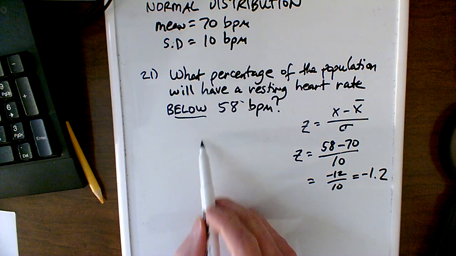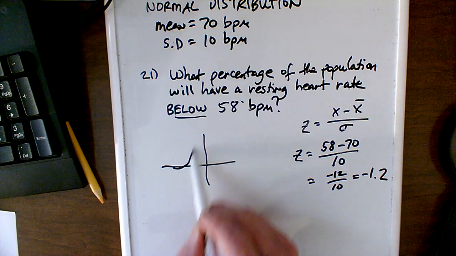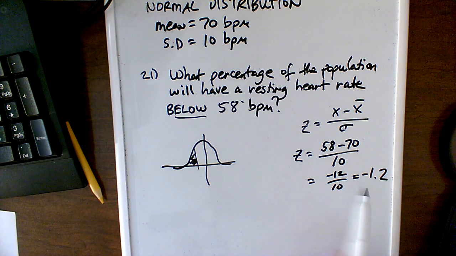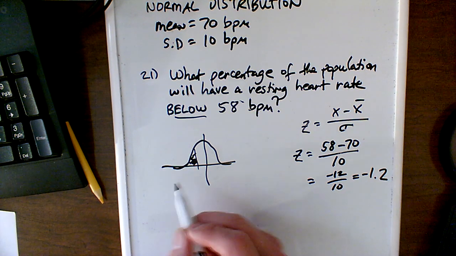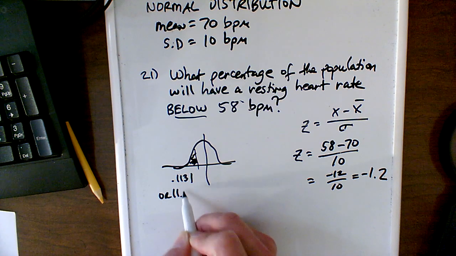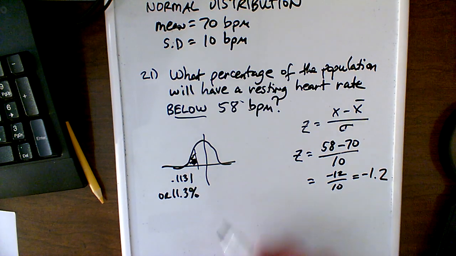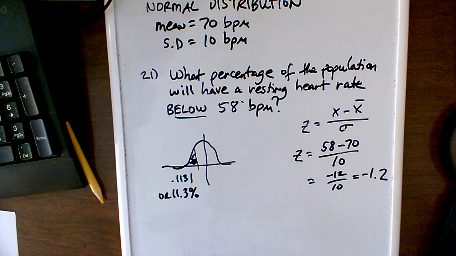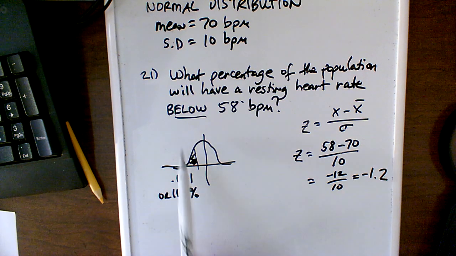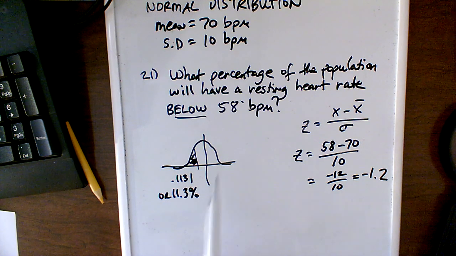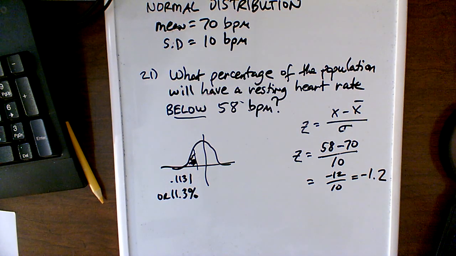So what that means is 0.1151, or 11.5%, are going to be below 58 beats per minute. If they'd said above, then we would just take 1 minus that, or 100% minus that, to get the answer.